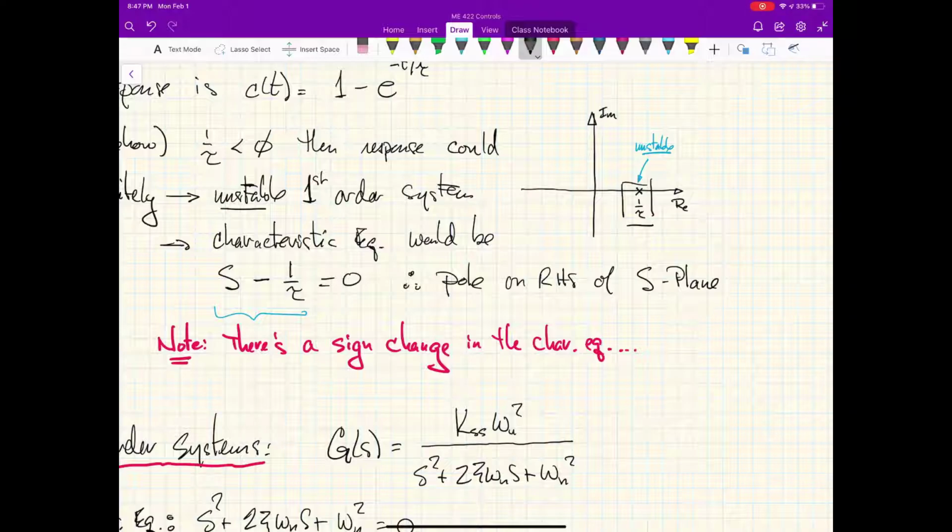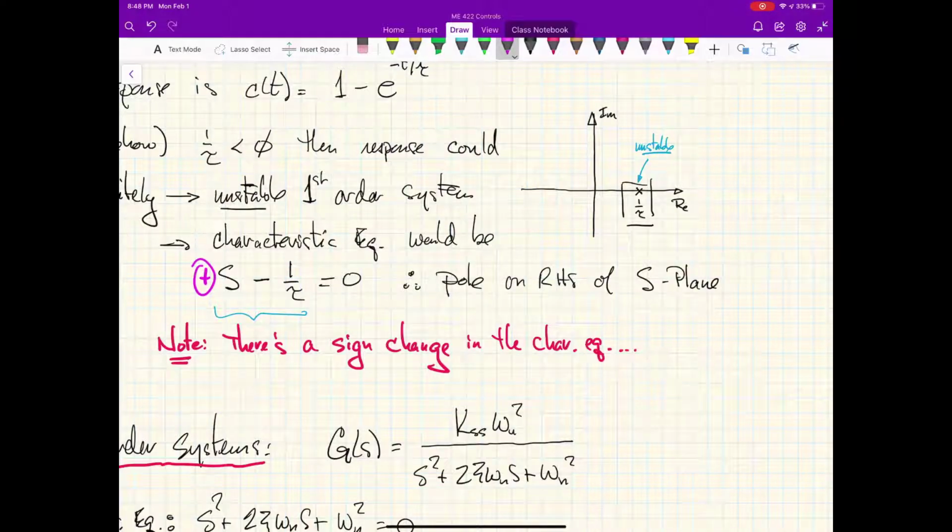Again, if that root is on the right-hand side of the S-plane, and the characteristic equation looks like this, S minus 1 over tau, then our system is unstable. The two hints that we have are, first, that there is a pole on the right-hand side of the S-plane, and second, that there is a sign change in the coefficients of the characteristic equation.